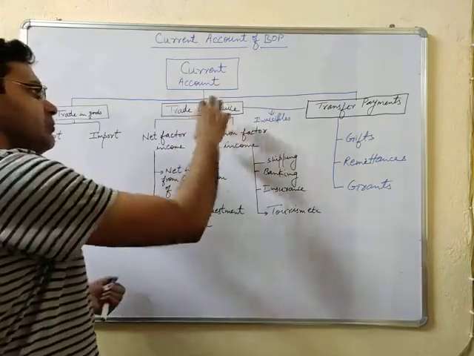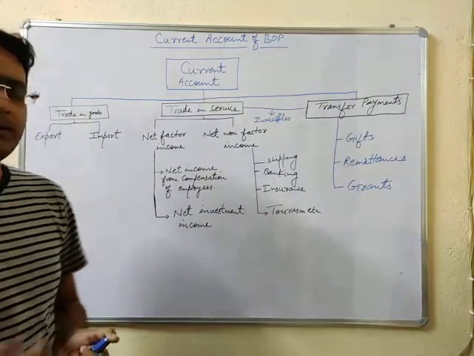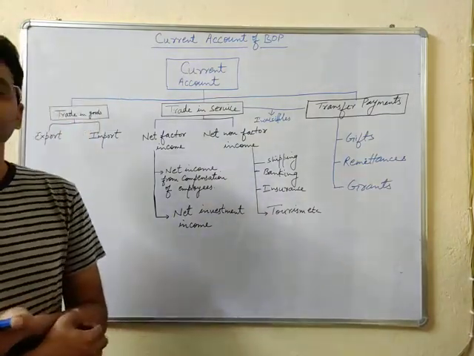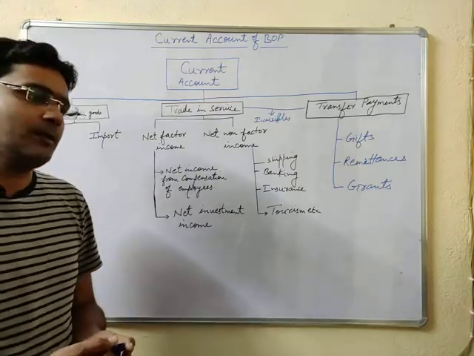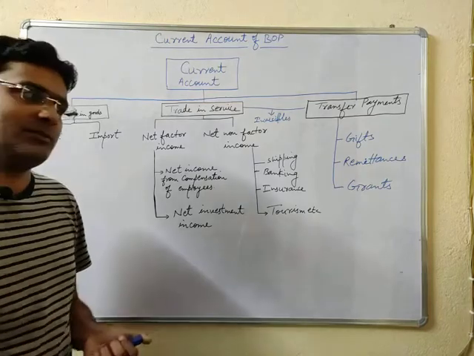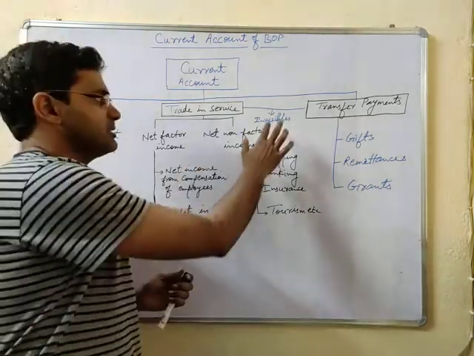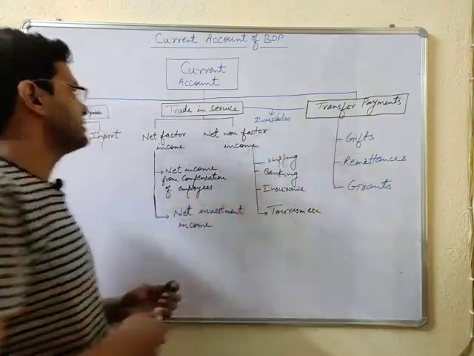Similarly, for transfer payments, suppose one of our relatives is living in USA or in Canada, and he is sending some money for us. We are getting some money without rendering any services in return. That is why they are known as invisibles.